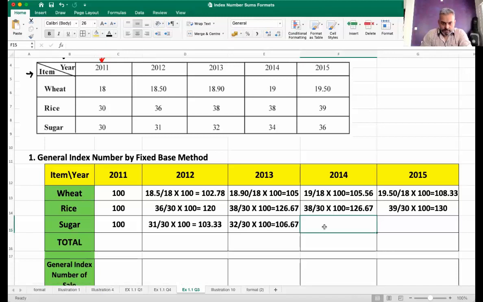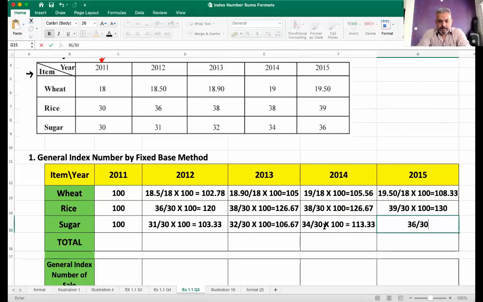Then 34 divided by 30 into 100 is equal to 113.33. And then 36 divided by 30 into 100 is equal to 120.